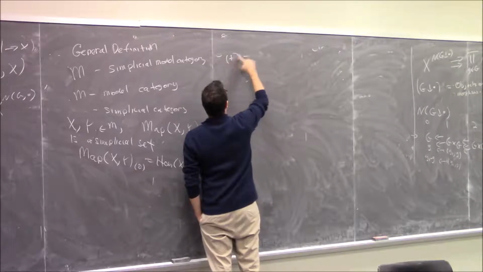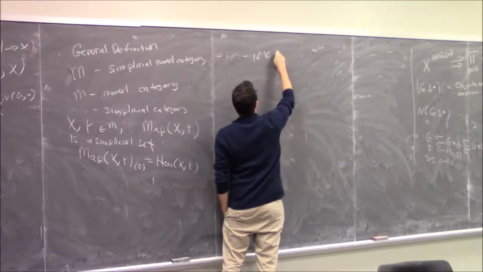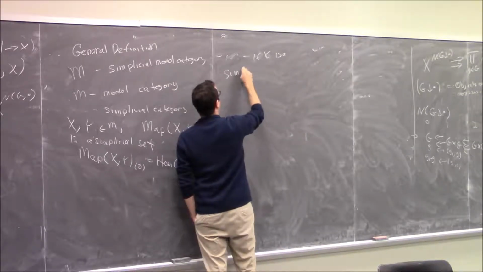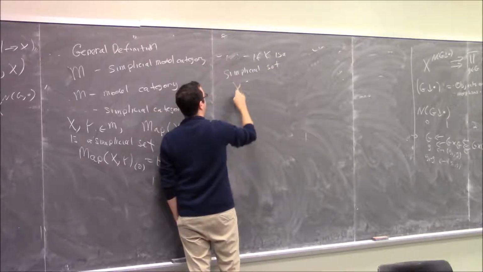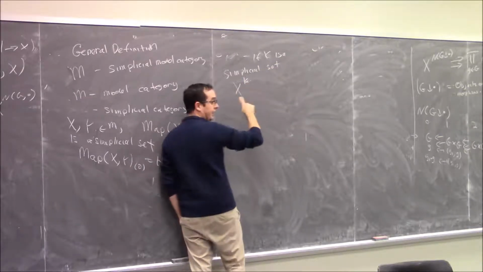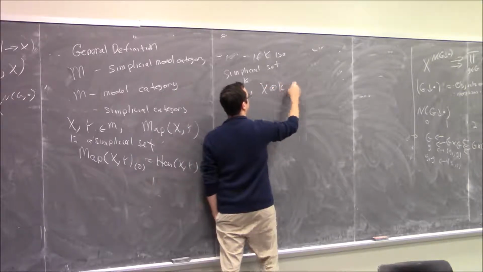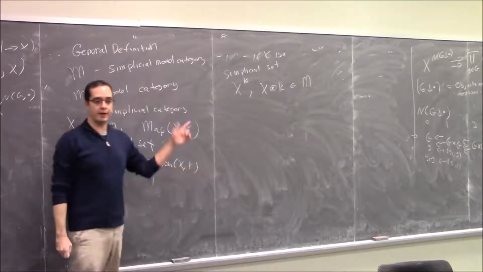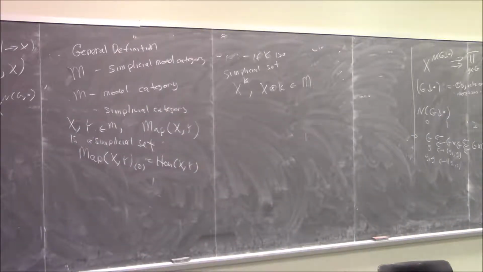Okay, plus, if K is a simplicial set, x to the K and x tensor K are also elements in our category, satisfying some axioms.